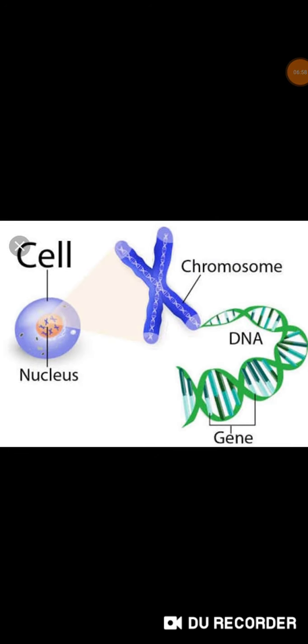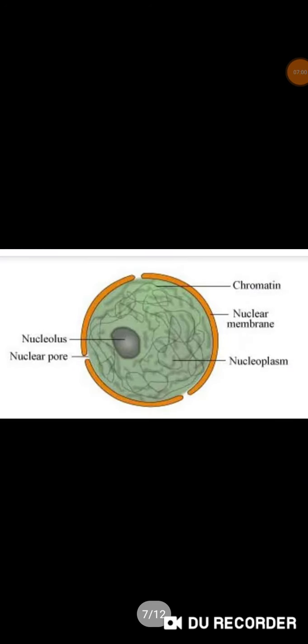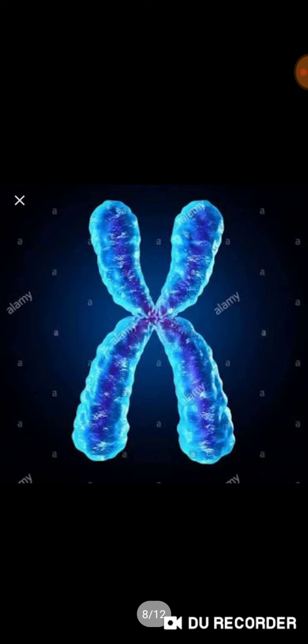Again I am repeating. Here is the nucleus, and the nucleus contains a thread-like structure which is called chromatin. That chromatin organizes itself into rod-like structures which are called chromosomes.